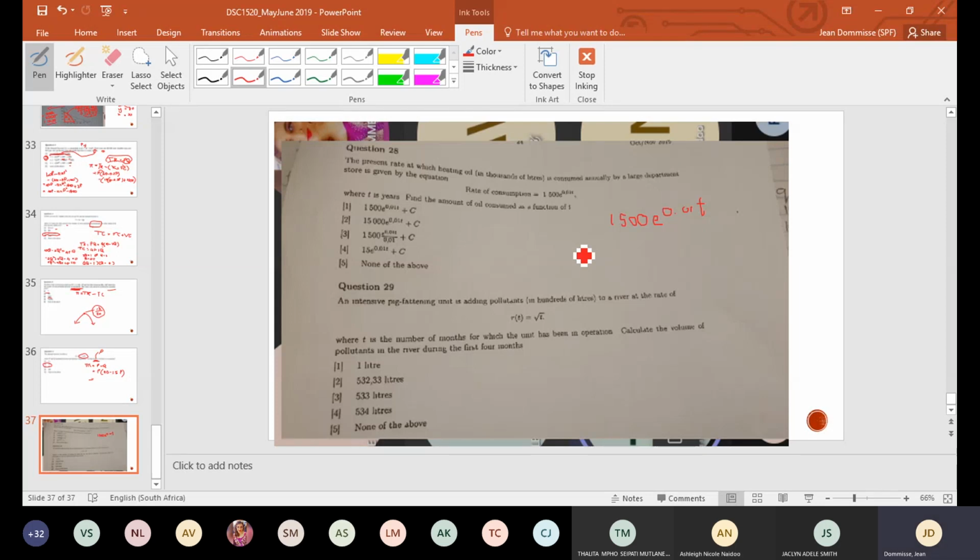Let me quickly check something. I actually don't have the faintest idea what we're asking. Find the amount of oil consumed as a function of T. Is all of those also T's?